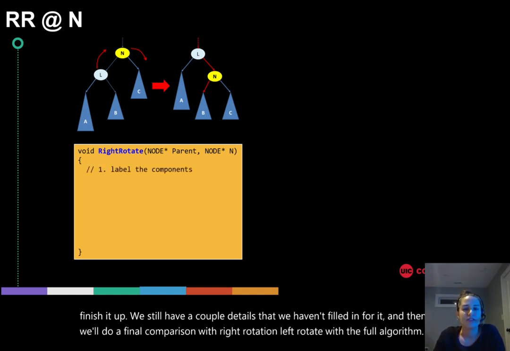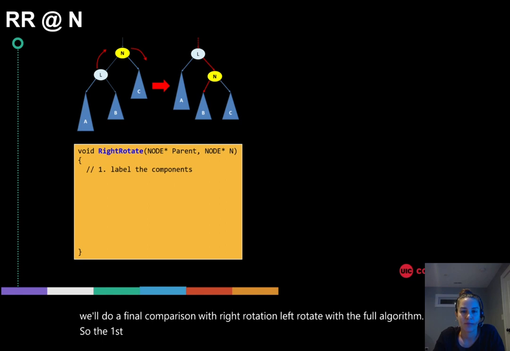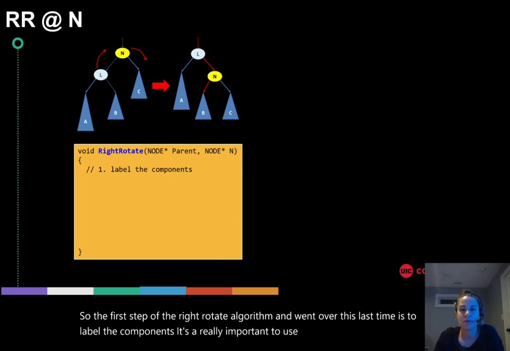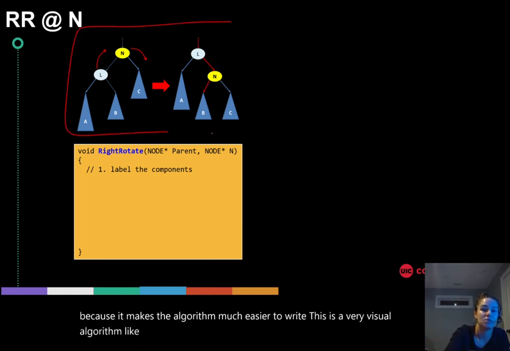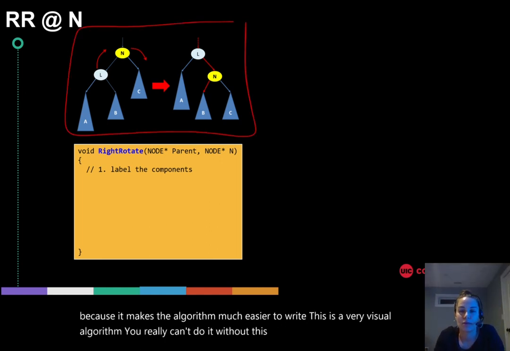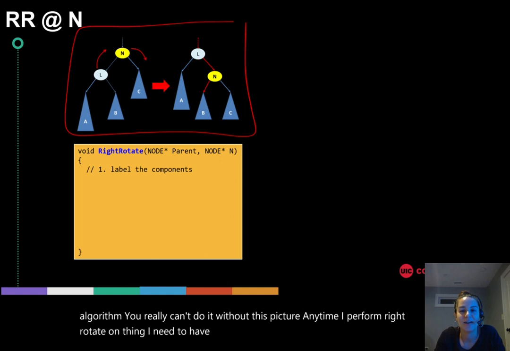So the first step of the right rotate algorithm, and we went over this last time, is to label the components. It's really important to use good variable names here because it makes the algorithm much easier to write. This is a very visual algorithm, like you really can't do it without this picture. Anytime I perform right rotate on a thing, I need to have this picture in front of me.